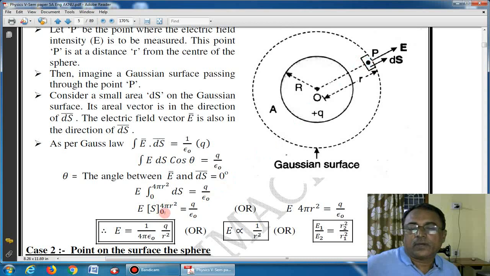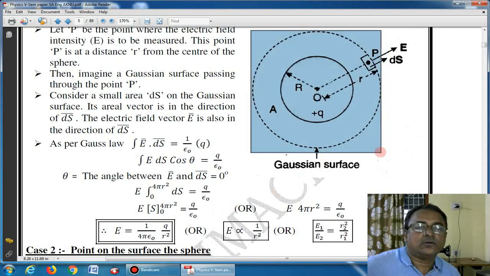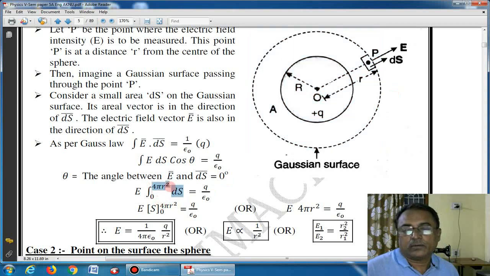So the lower limit value is equal to 0. Next one is, what is the maximum area? If you took the total area of the Gaussian surface, then this is equal to the surface area of the sphere, that is equal to 4 pi r square, small r square. So this is the upper limit. So lower limit value is 0, upper limit value is 4 pi r square.